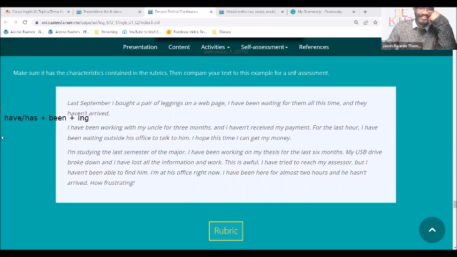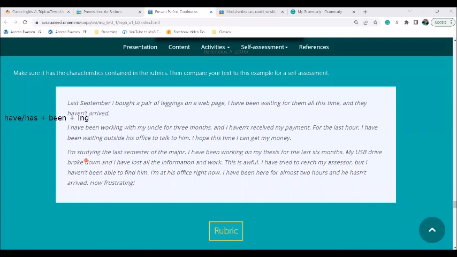I hope this time I can get my money. I am studying the last semester of the major. I have been working on my thesis for the last 6 months. My USB drive broke down, and I have lost all the information and work.